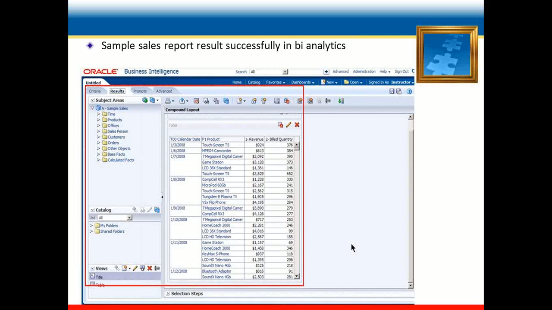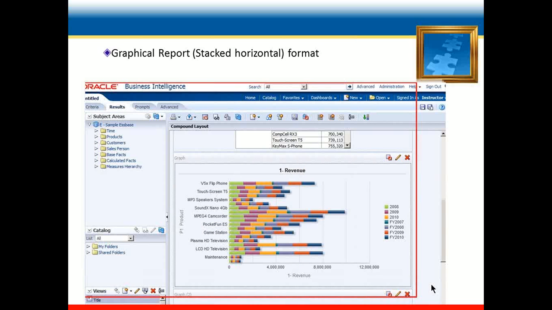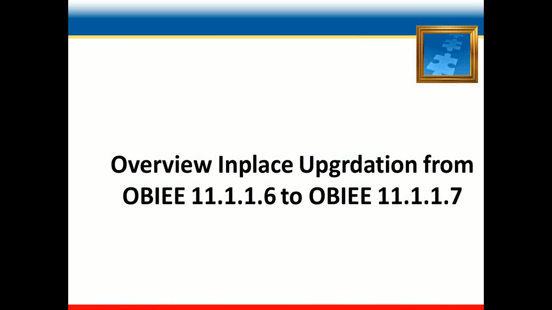I can check it successfully in BI Analytics, and then we need to check our reports with stacked horizontal or with the help of a graphical format. So I have done it for the sample, and checked it for the revenue report.